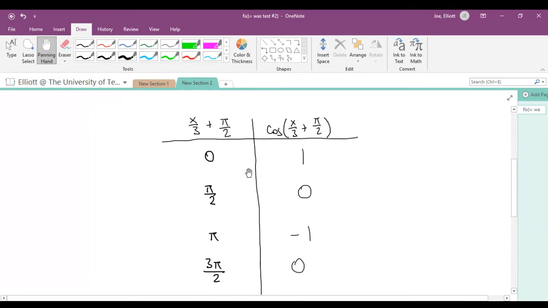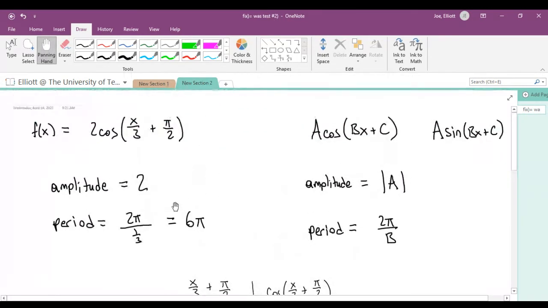Okay, now, here what we've done in the table is list the inside of the cosine plotted out versus cosine, but ultimately what we need is x versus our function, right? So we need to do a couple of things. One thing I'll do first is we do need to multiply our cosine function by 2.